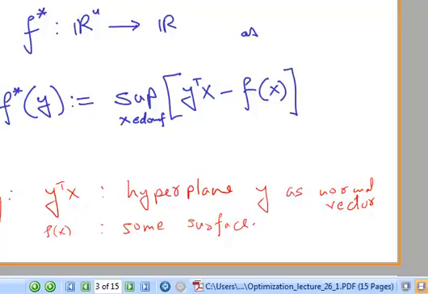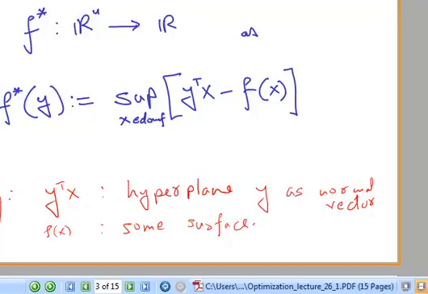Alright, so what do we have here? Y transpose x is a plane, and I'm subtracting from it the surface of f(x), right? And what are you doing? You're taking the difference between them and looking at the maximum of that.